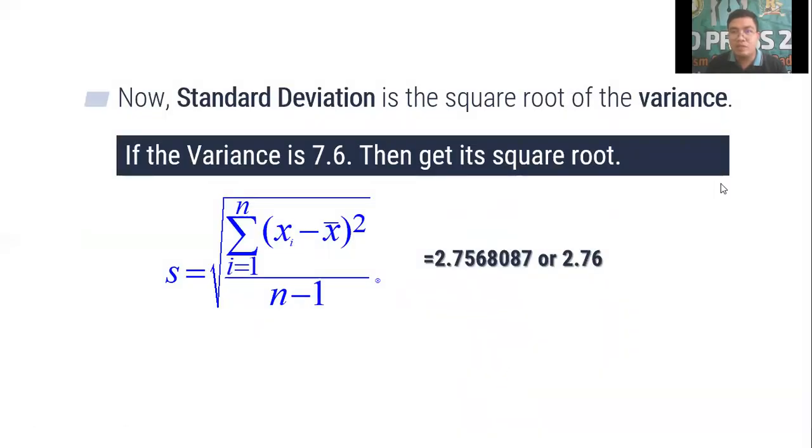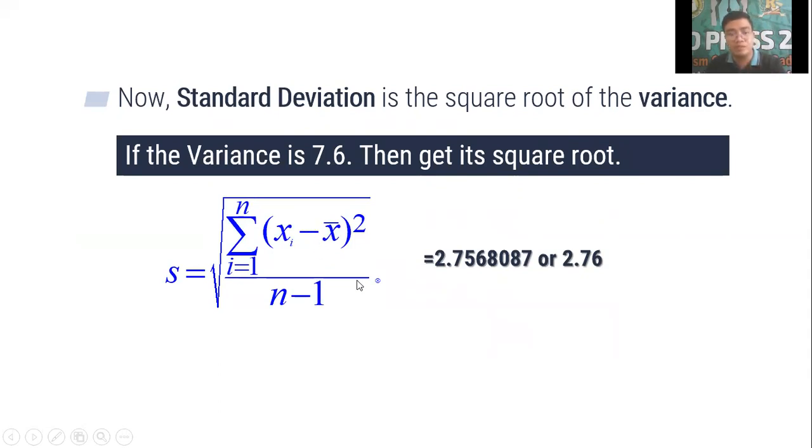So the standard deviation is the square root. Another measure of dispersion is, of course, our standard deviation. Our standard deviation is the square root of your variance, symbolized by S earlier. So if the variance is 7.6, then get its square root to get your standard deviation. If you have your calculator, you can compute it, but the formula inside is the formula of the variance.